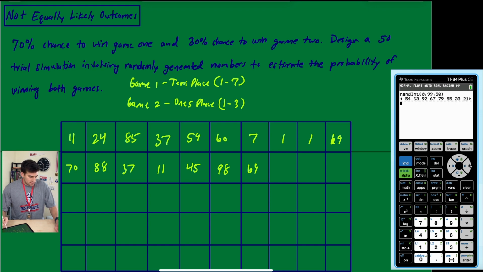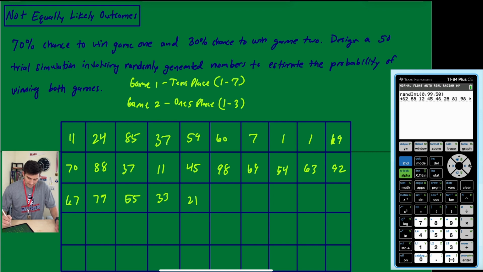Looks like we have 54, 63, 92, 67, 79, 55, 33, 21. All right, let's arrow over, get past that 21.